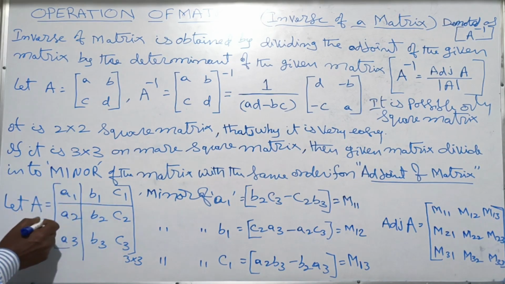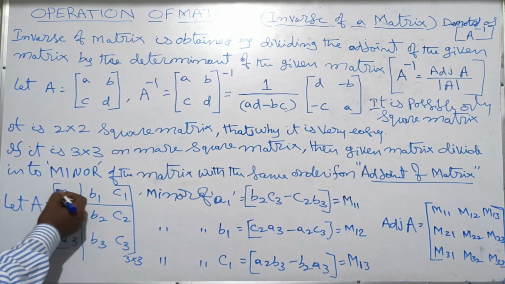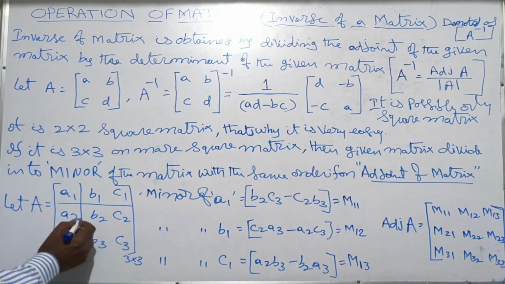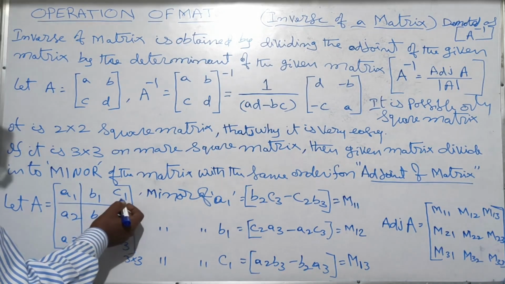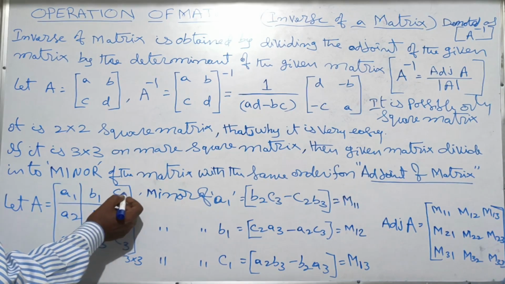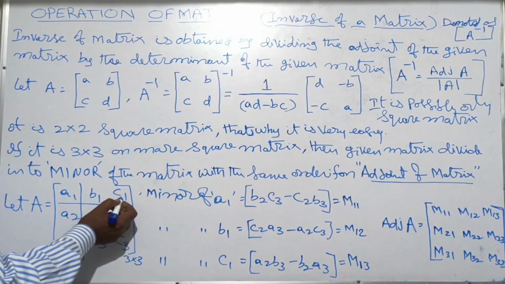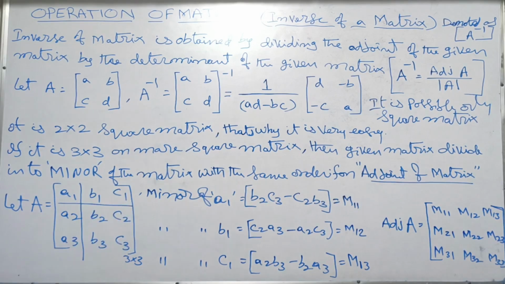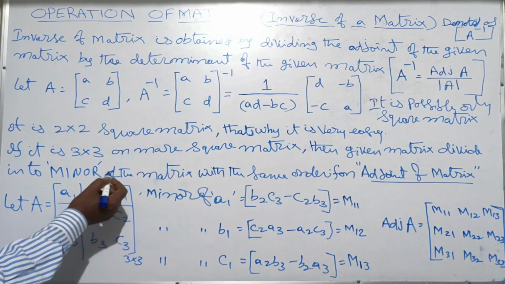Similarly, for B1, minor of B1 is equal to minor of 1, 2. Why? Because of first row, second column. Similarly, here C1 is first row, third column. So C1 is minor of 1, 3. That is, minor of 1, 3 means M13.